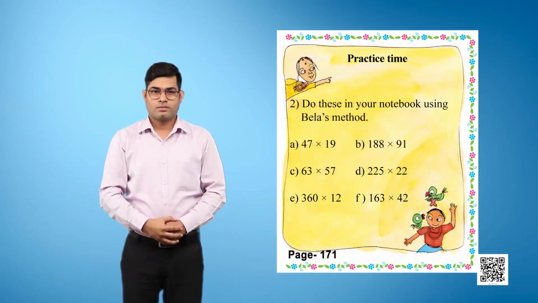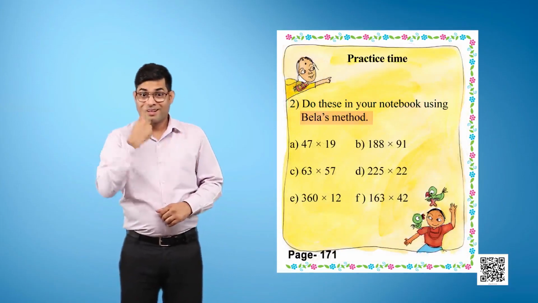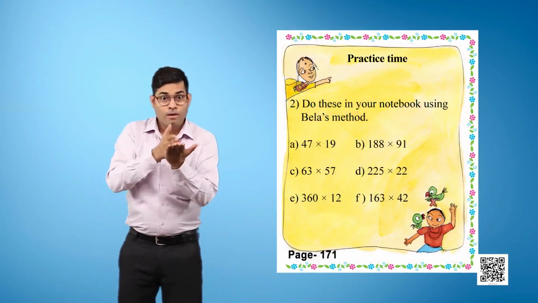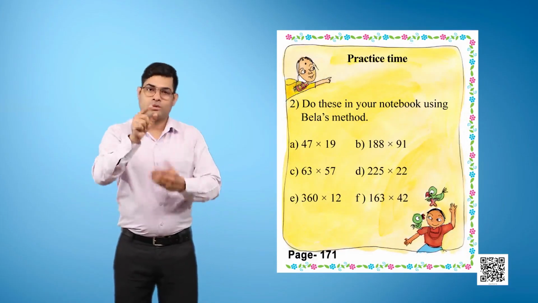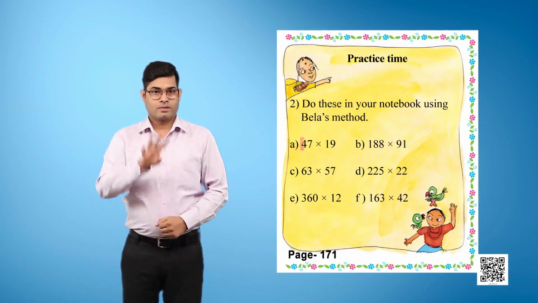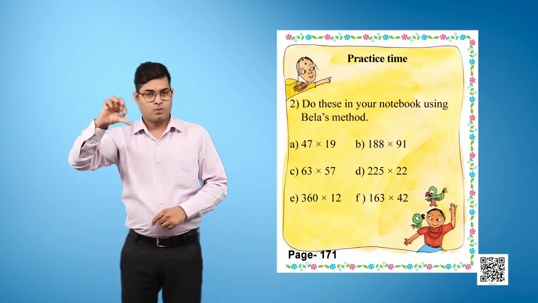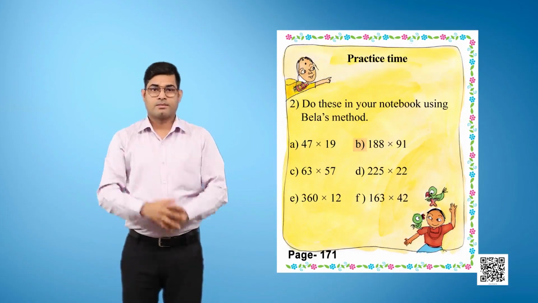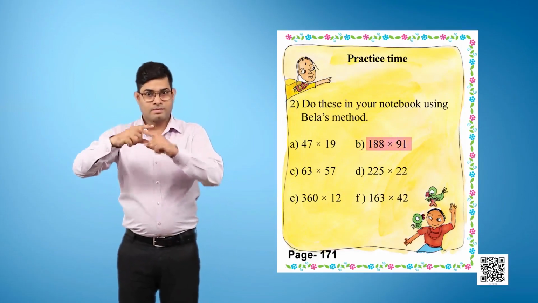Two. Do these in your notebook using Bela's method. A. 47 multiplied by 19. B. 188 multiplied by 91.